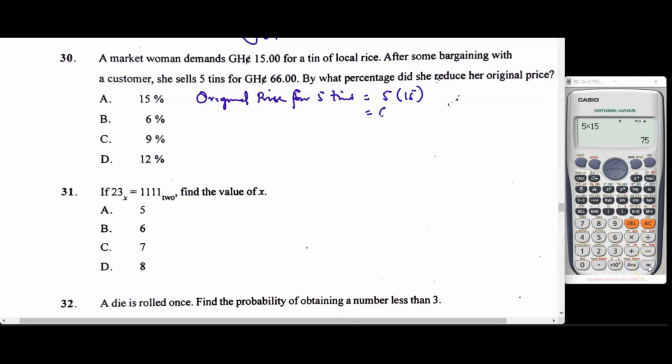So ideally, she should have been paid 75 Ghana cedis for the 5 tins.